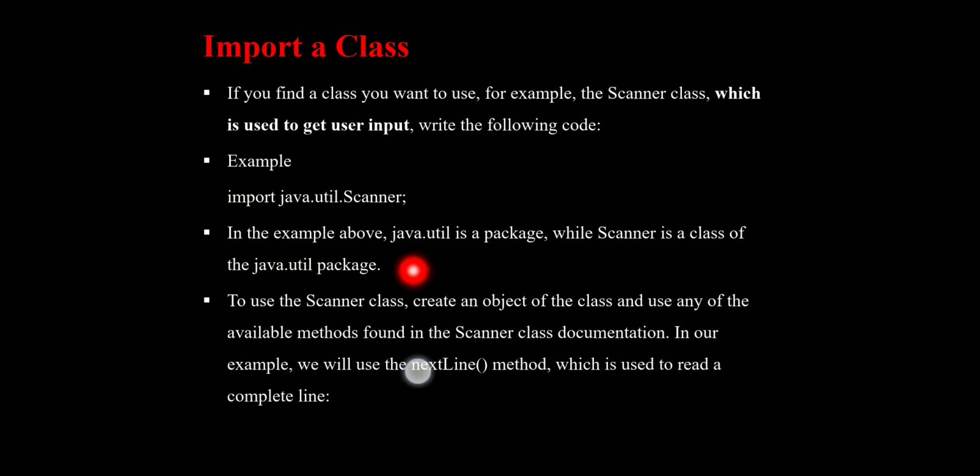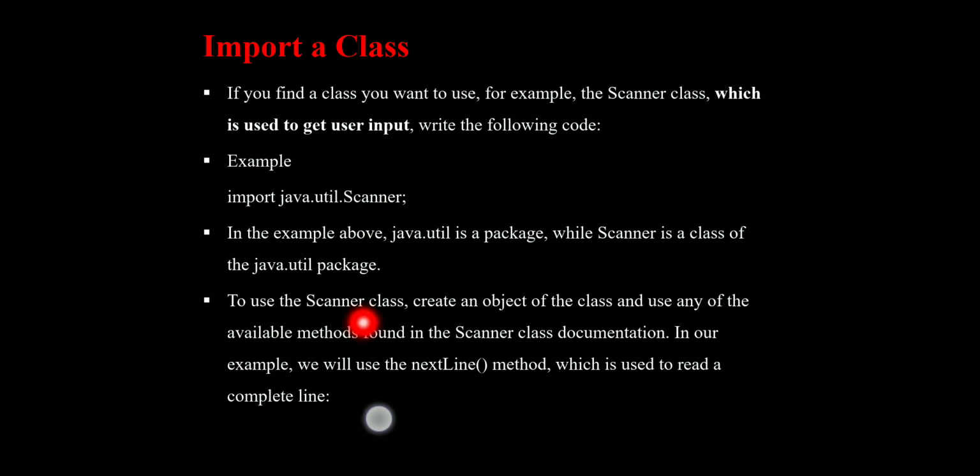In the example above, java.util is a package while Scanner is a class of the java.util package. We are importing java.util.Scanner with the import keyword. Import is a keyword, java.util is the package name, and Scanner is the class name.